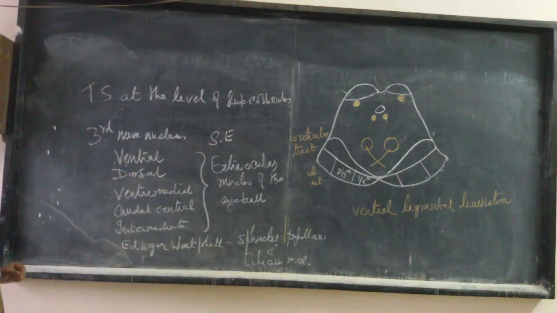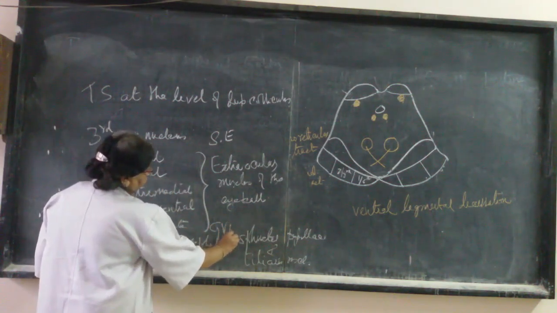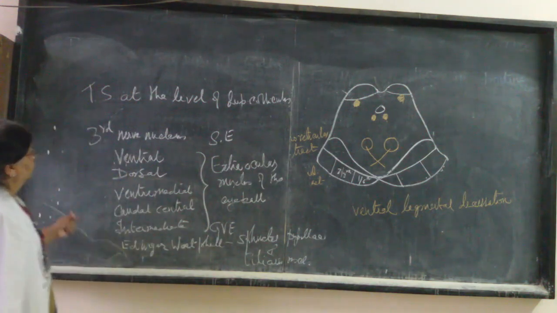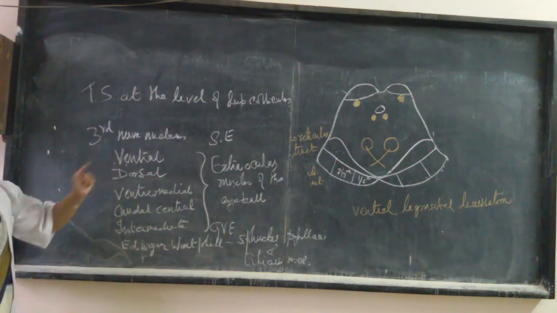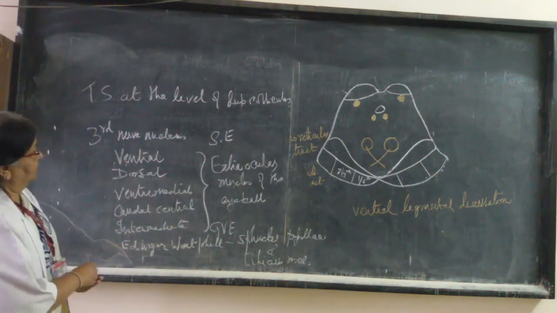Therefore, the functional component will be general visceral efferent. Therefore, the third nerve has two components: somatic efferent and general visceral efferent.